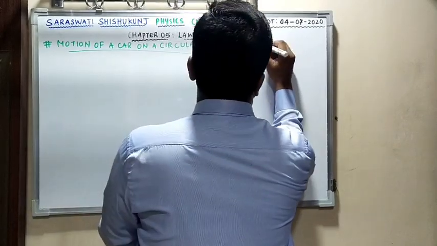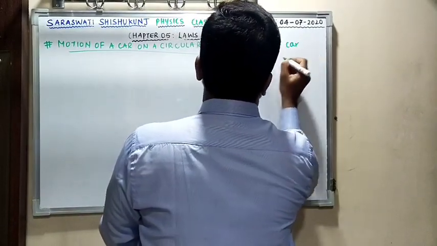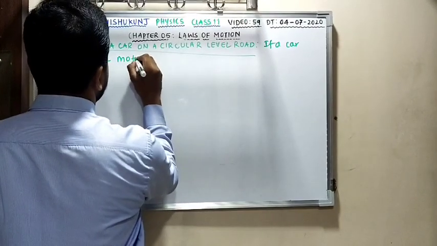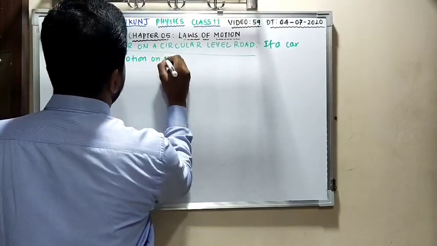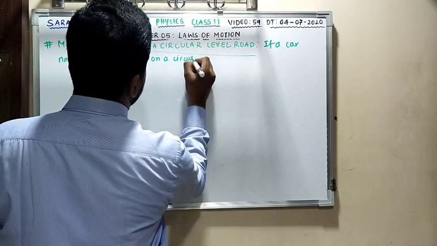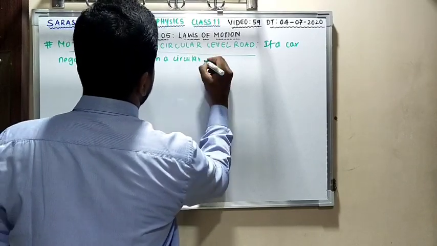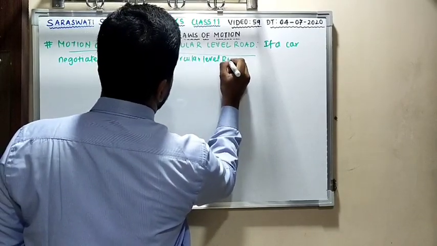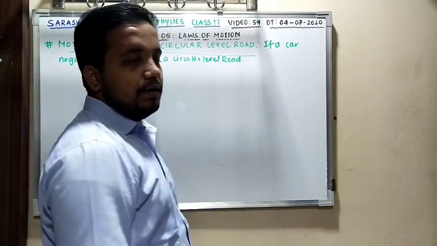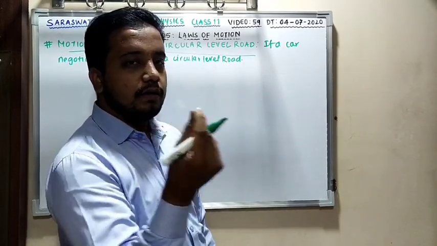If a car negotiates motion on a circular level road, clear? Here the car is trying to move on a circular level road.